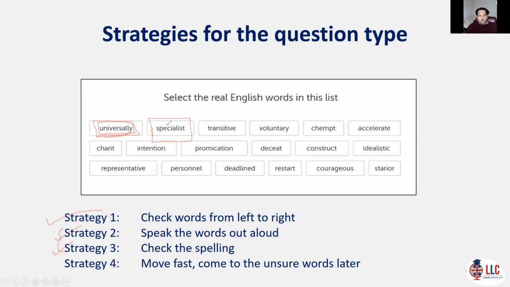Okay, and the last strategy is move fast. For instance, if this is the third word, transitive, and you can't remember whether you have heard this word used before, put it off.